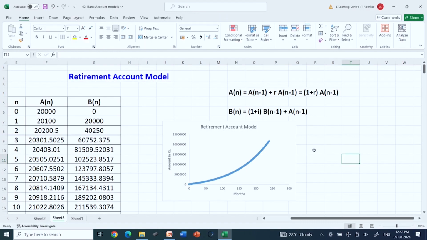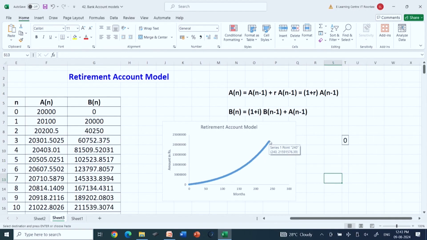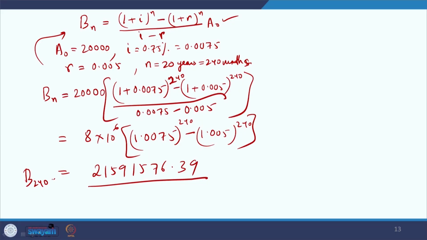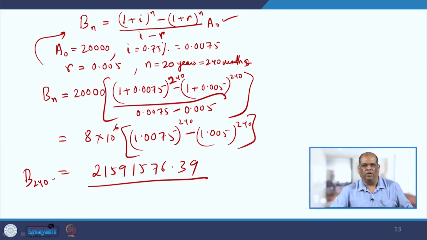If I want to see what the amount is after 240, I can just bring the cursor here, and as you can see, it is written 240 and the amount is 21591576.39, which matches exactly with the analytical solution, this 21591576.39. So, with this we come to the end of this lecture, where we have taken a few examples related to the bank and its accounts.